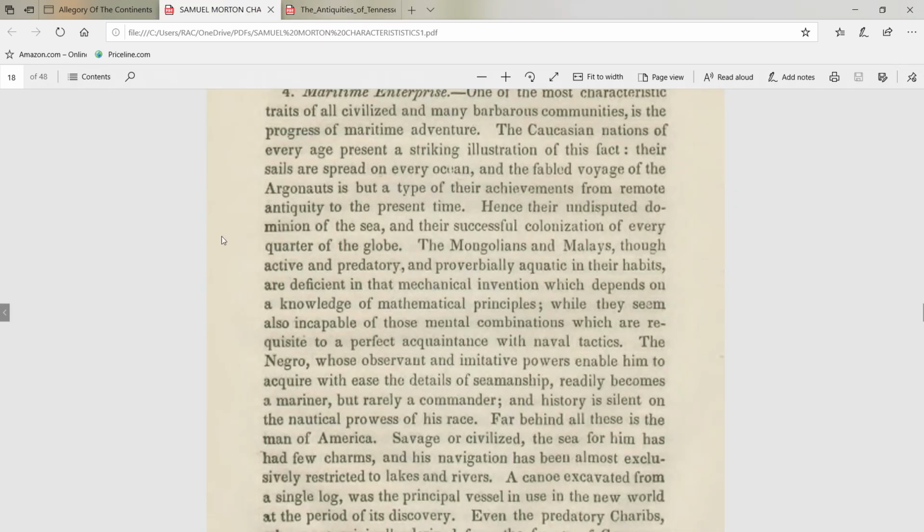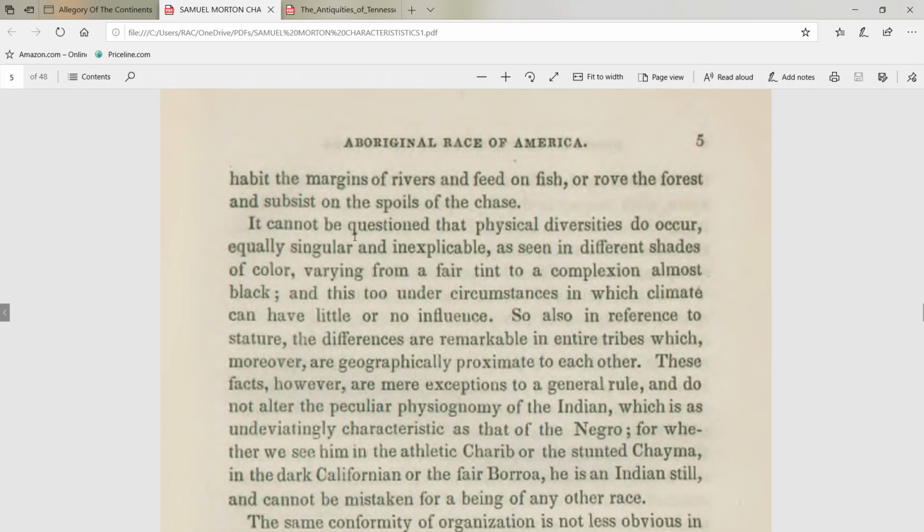So let's go back in this book, though, to the physical description. It says it cannot be questioned that physical diversities do occur, equally singular and inexplicable as seen in different shades of color, varying from a fair tint to a complexion almost black. And this too under circumstances of which climate can have little or no influence. So also in reference to stature, the differences are remarkable in entire tribes, which moreover are geographically proximate to each other.